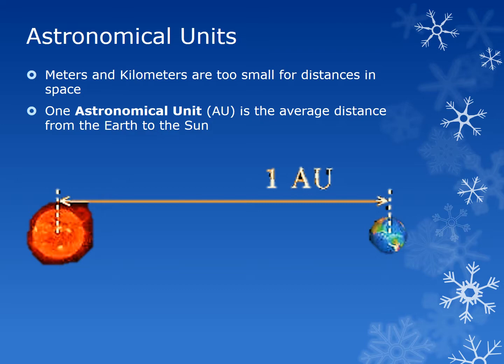And just in case it comes up, meters and kilometers are too small of a distance for space. So instead we use astronomical units, which is the average distance from the Earth to the sun. Remember, the Earth is not going in a perfect circle around the sun, so it does have to be the average.